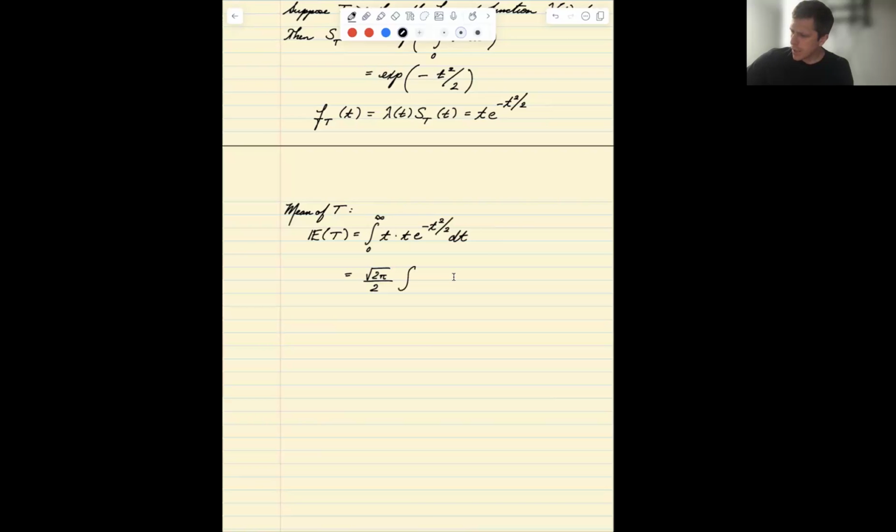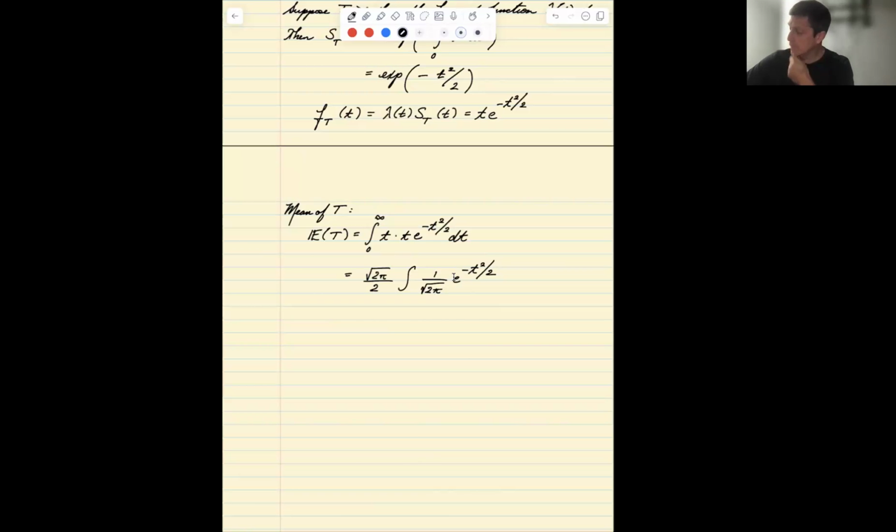But if we do that, we end up with, okay, so how are we going to do this? Well, let's notice that this is t squared times e to the minus t squared over 2. So that's a symmetric function. That's an even function, right? At -2, it's the same value as at +2 because it only comes through in terms of t squared.